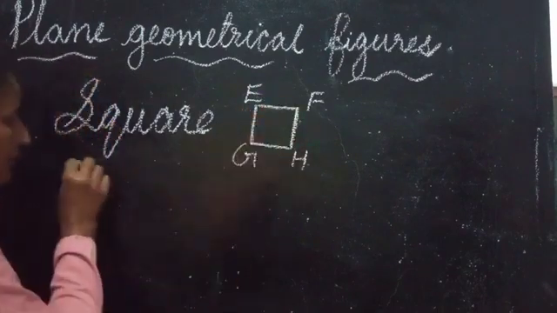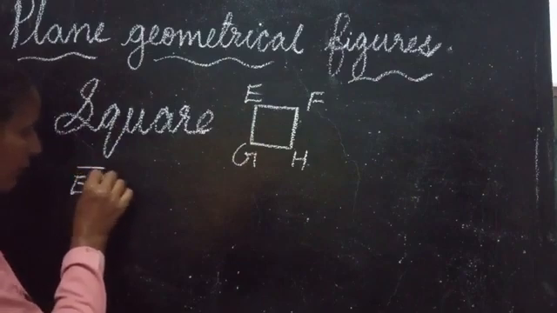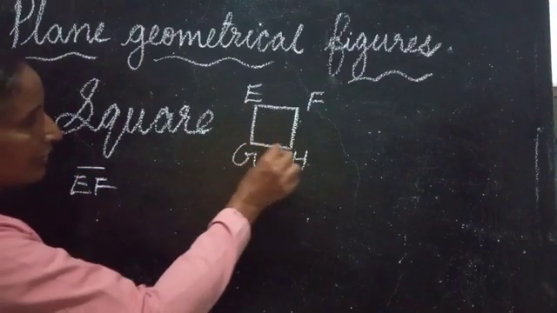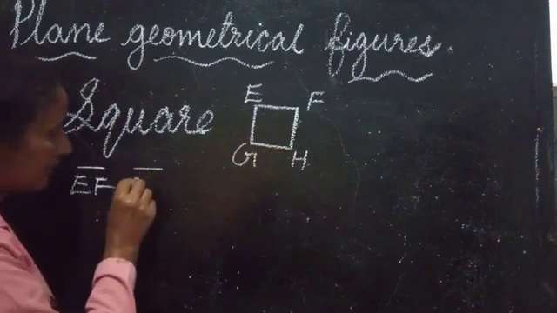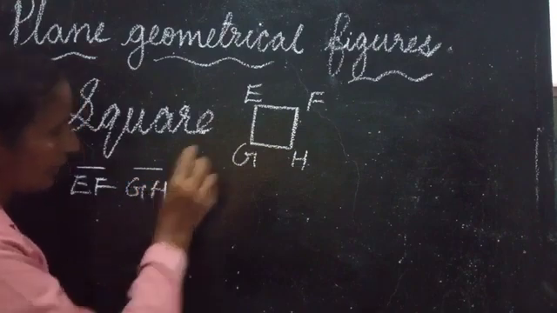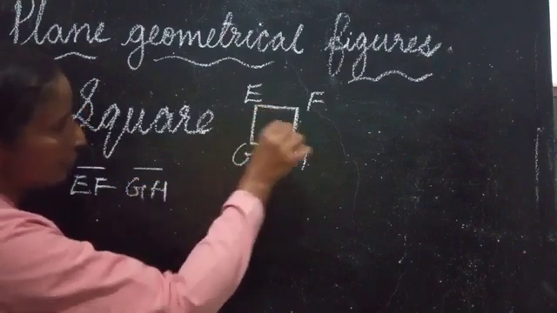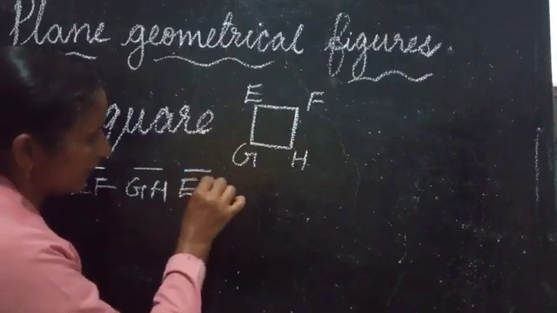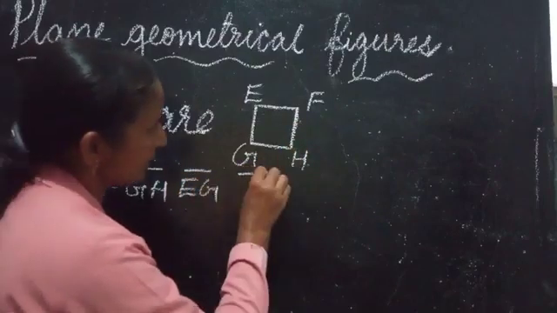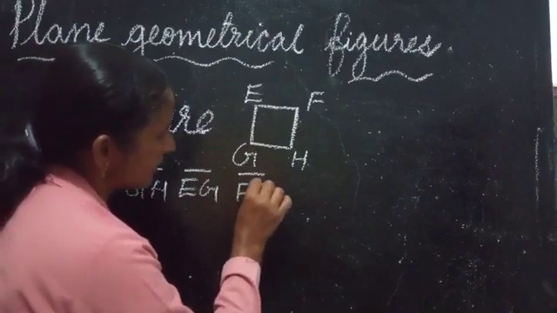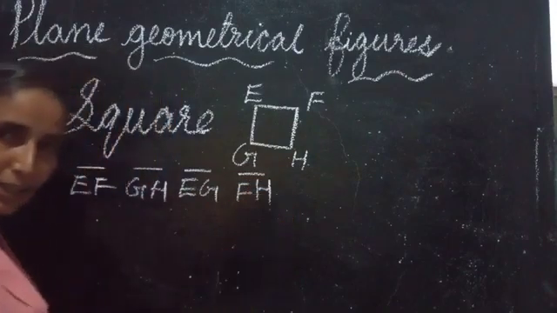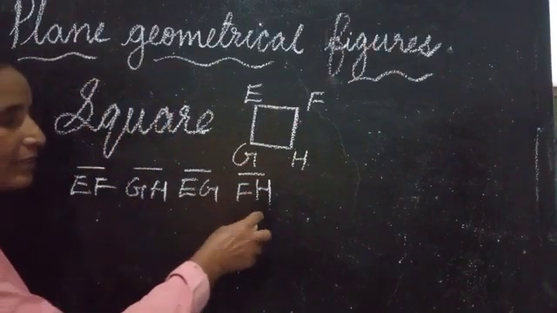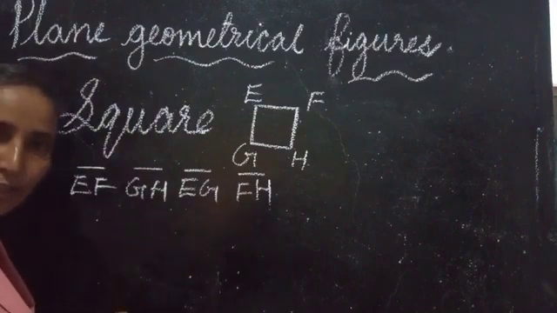Line segment EF, then the next one, GH, written up and down. Then the 2 sides, line segment EG and line segment FH. So 4 line segments are used to form a square.